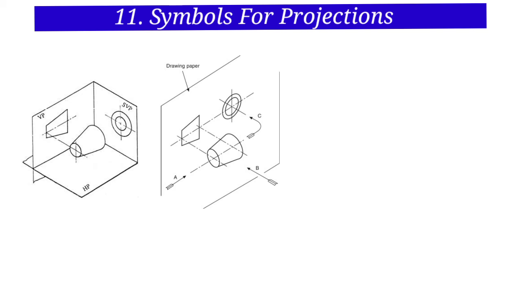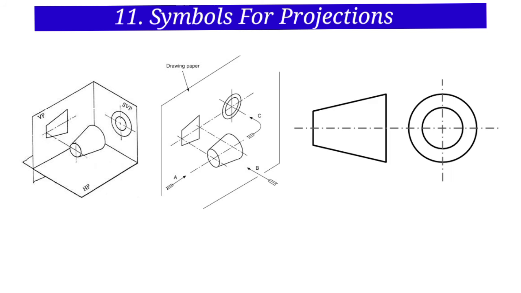When the vertical plane and right hand side plane are brought in a single plane, then a first angle method symbol is formed, which is shown in the figure.